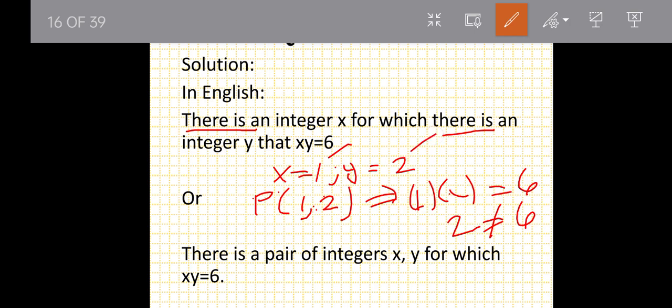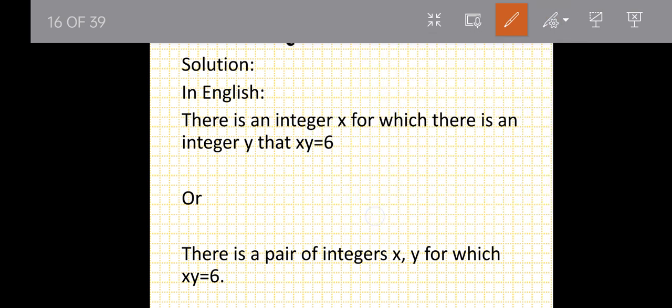Okay? So, since our expression is there exists lang or the existential quantification, hanap tayo ng another value para masatisfy ito siya. So, let me erase this one. So, what if x natin is equal to 2. Okay? Then y naman natin is equal to 3.